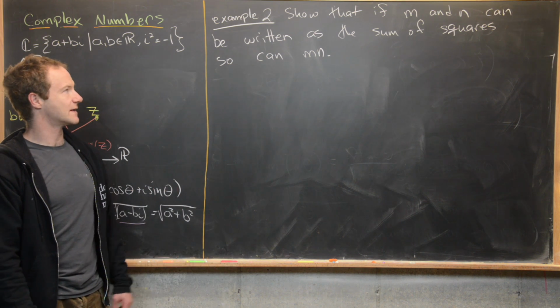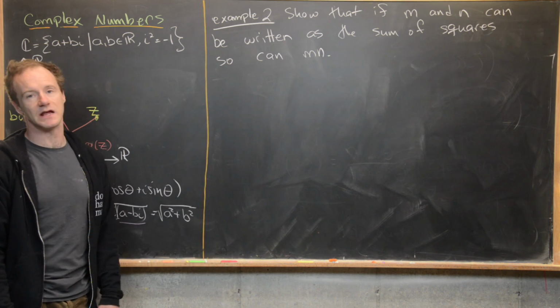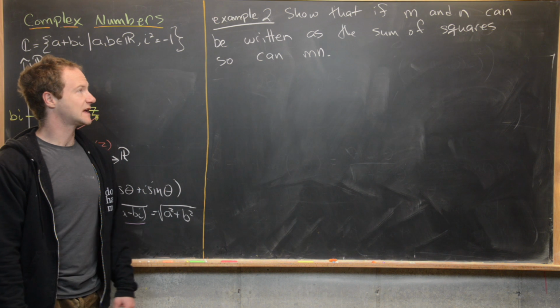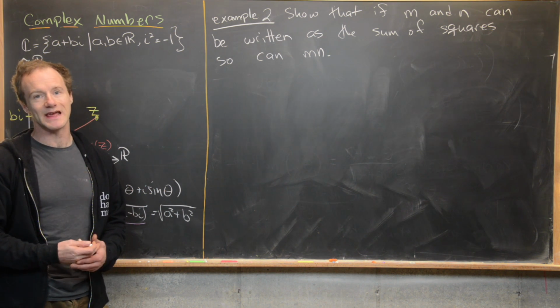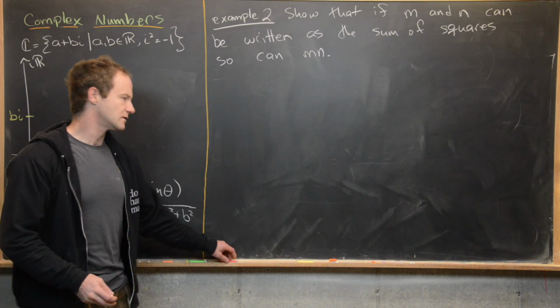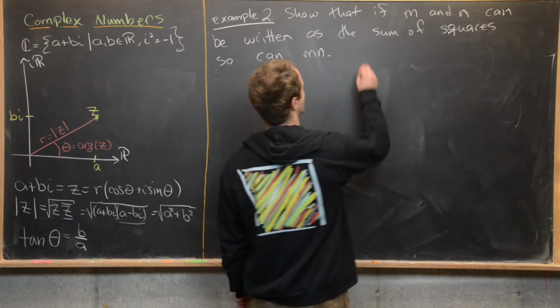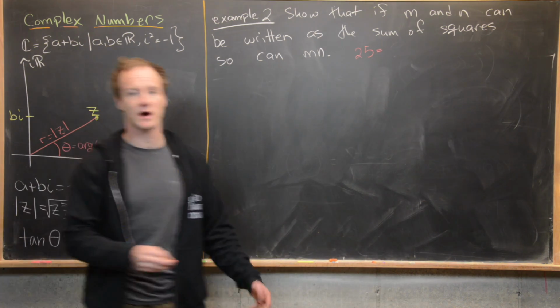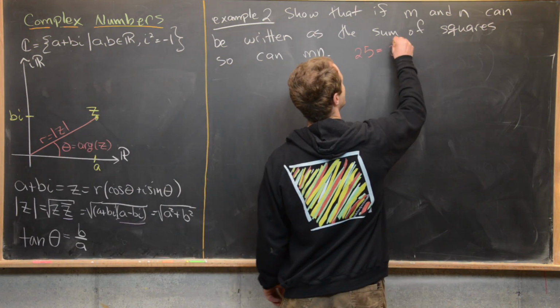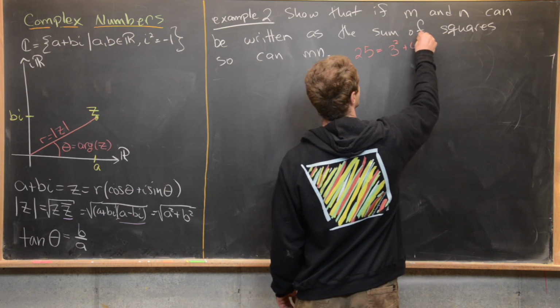Okay, for our next example, we're going to show that if m and n, which are natural numbers, can be written as the sum of squares, so can m times n. So let's just look at an example. We know the number 25 can be written as the sum of squares because it's equal to 3 squared plus 4 squared.